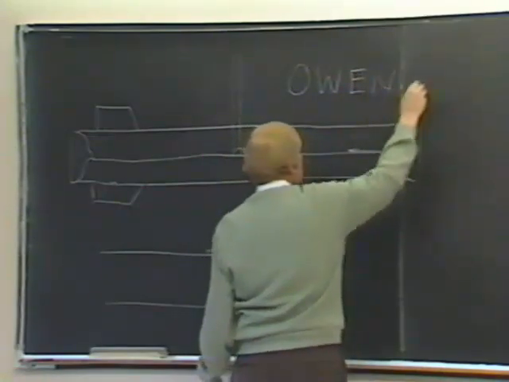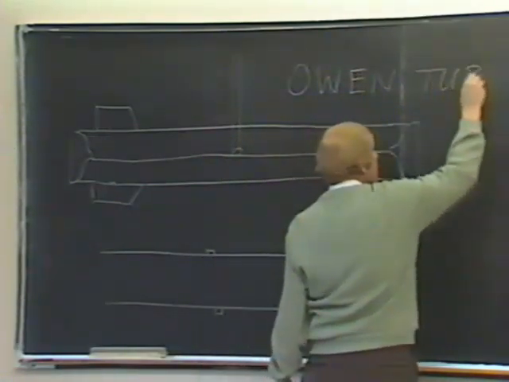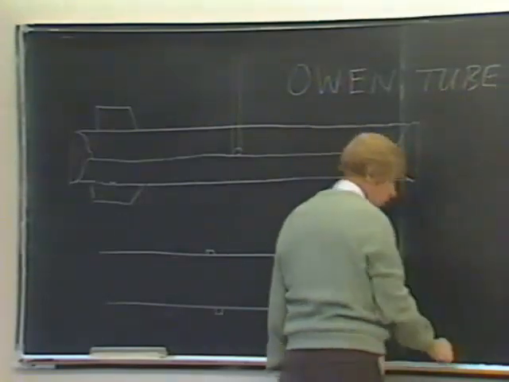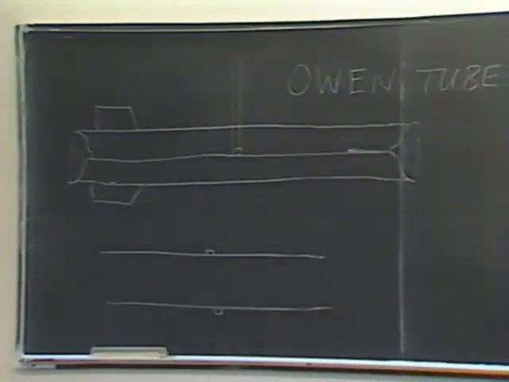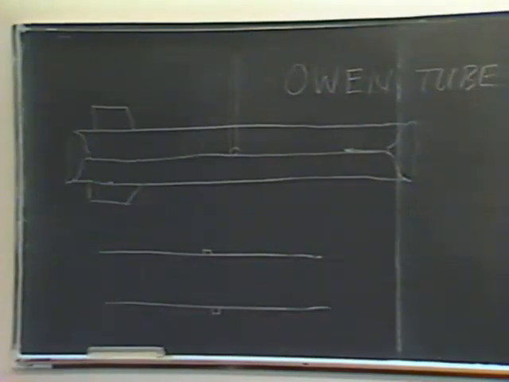If I plot time against current, and we'll call this flood and this ebb. Flood means the water's coming toward the land from the ocean. Ebb means it's flowing from the land toward the ocean.